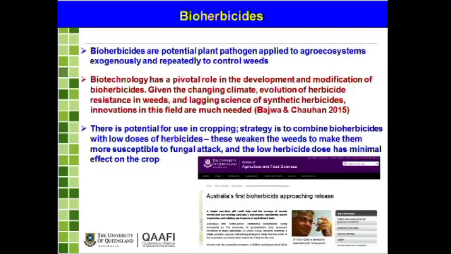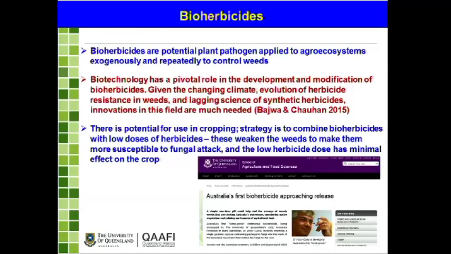Okay, bioherbicides. I'm not a great fan of this one, but recently, in the last month, I discussed it with a few people from the US as well as at UQ. At the moment they are used mainly on roadsides or somewhere, but not in crops. Biotechnology has a pivotal, very important role in the development and modification of bioherbicides.